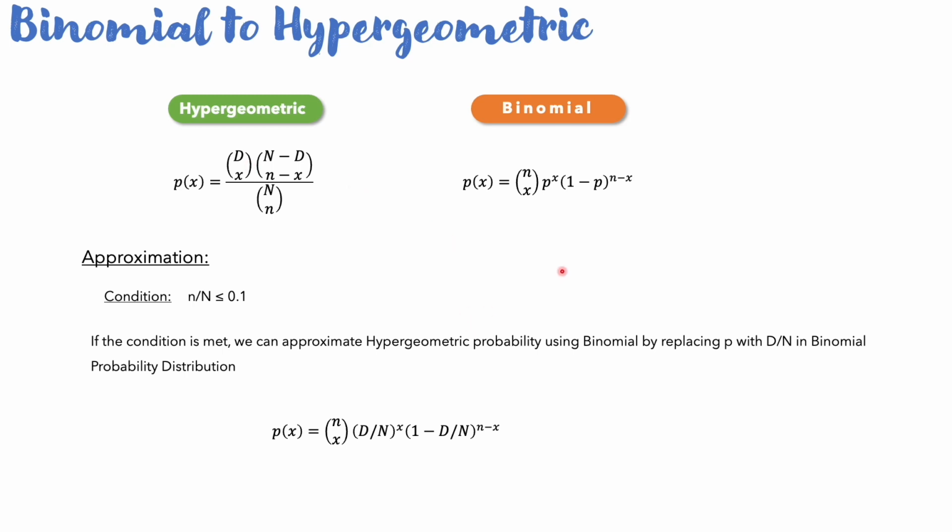Okay, so we simply replace this p in the binomial, which is the success rate, with d over N. D over N is the ratio of the defective items to the actual population. Okay, simply by transforming this model to match the variables of hypergeometric probability distribution.